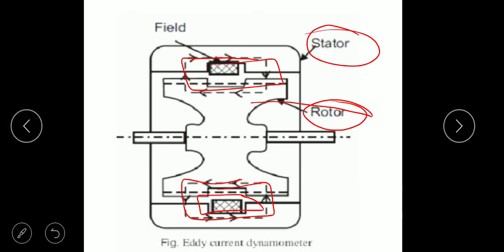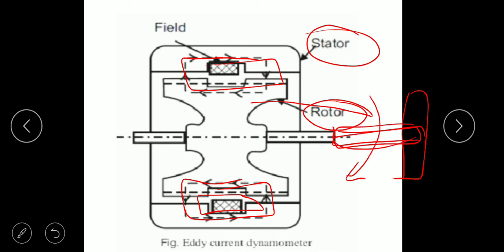Now if we connect this rotor with the shaft whose RPM has to be measured, then when the engine starts rotating, the shaft also rotates, and the rotor connected with it also starts rotating. When the rotor starts rotating, the condition changes.